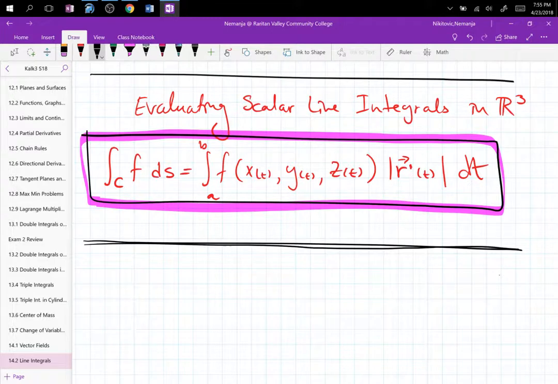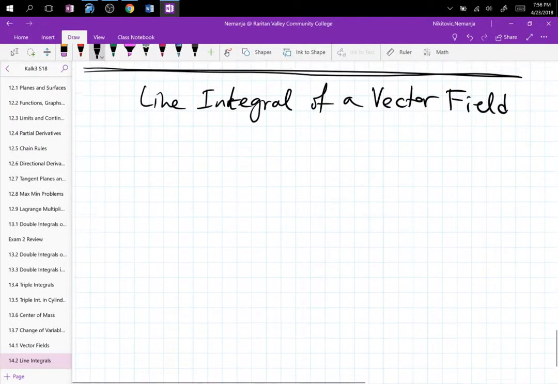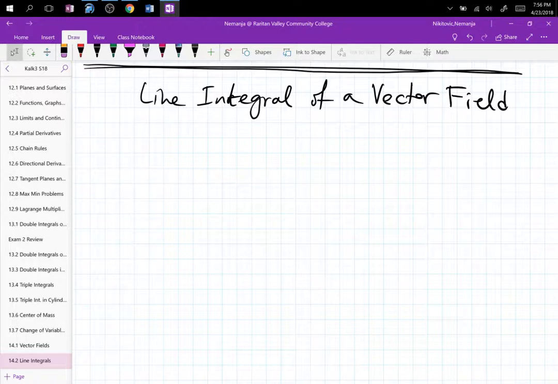The next part of the same lecture is the line integral of a vector field. So we'll start with the definition. Try to understand this later.